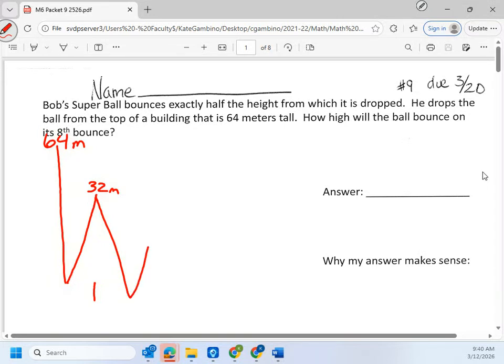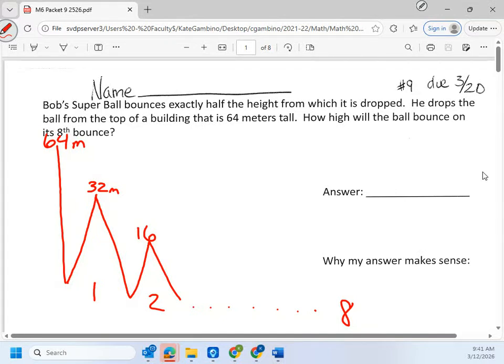Then it's going to bounce a second bounce. So again, half of that first bounce it had. So half of 32. So we're going to keep finding the halves all the way down to the 8th bounce. And I am going to tell you, think about a ball bouncing.